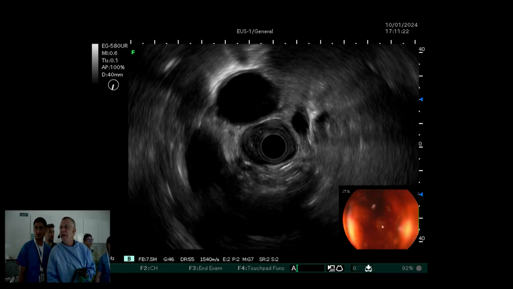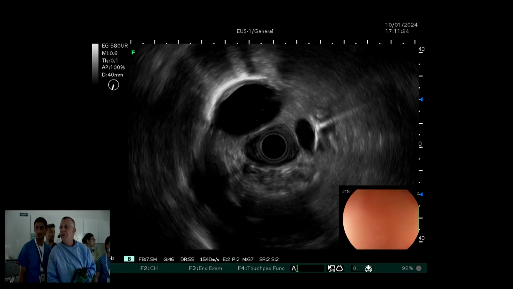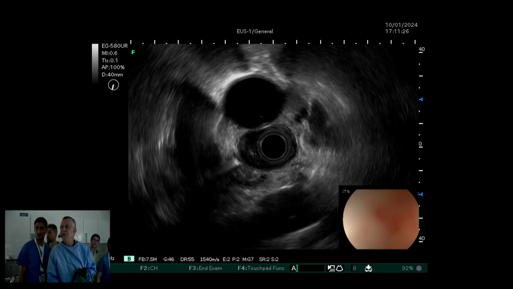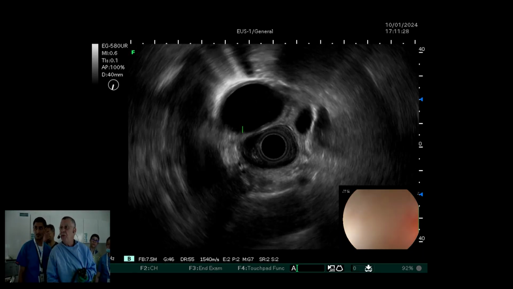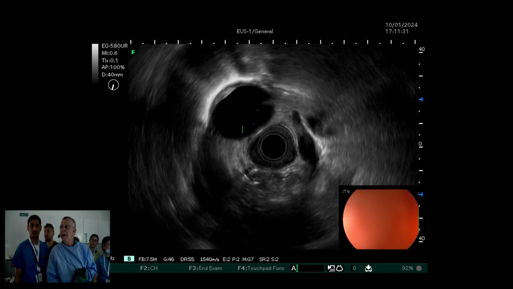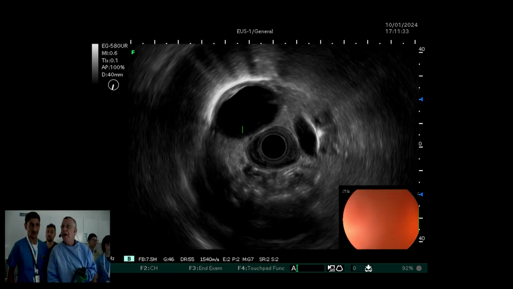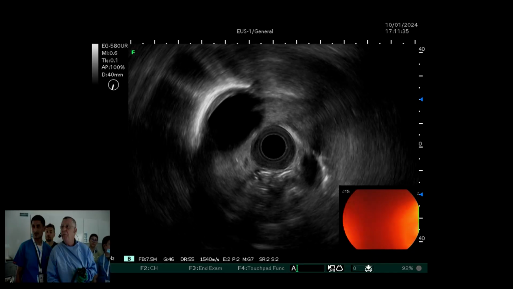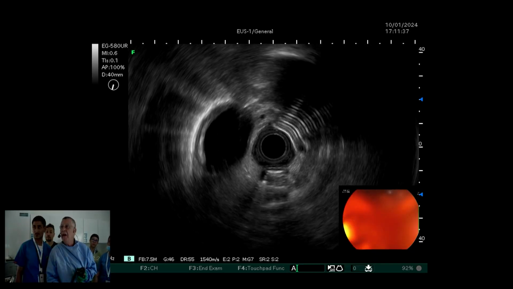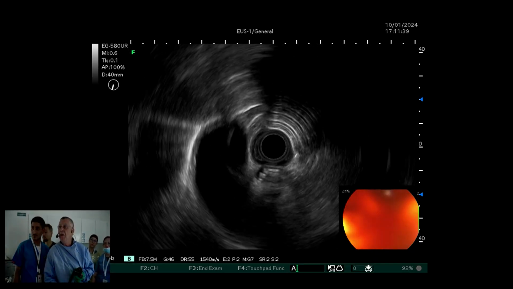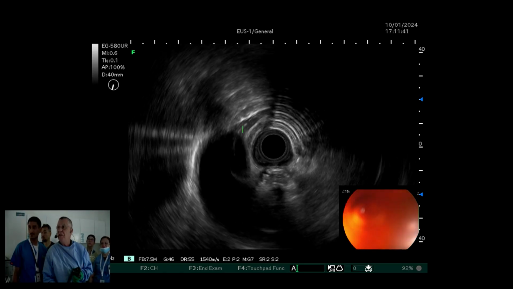So I'm in the esophagus here, upstream of the stenosis. You see the stenosis starts at the level of the subcarinal region. Here I am above the subcarinal region. I have no lymph nodes. I pull back gently, and I will study all the lymph node stations.